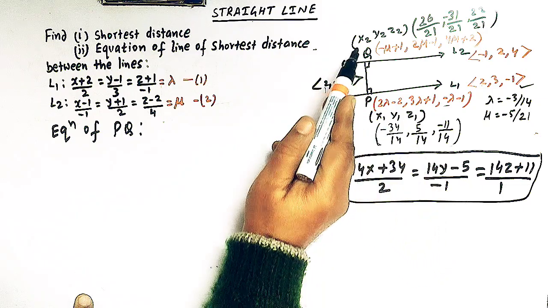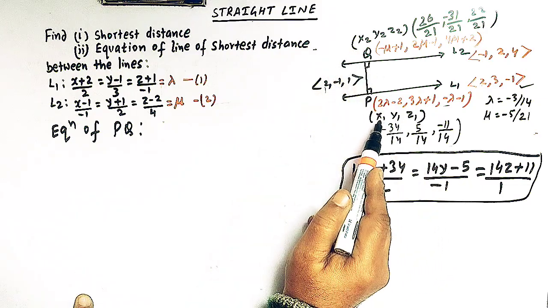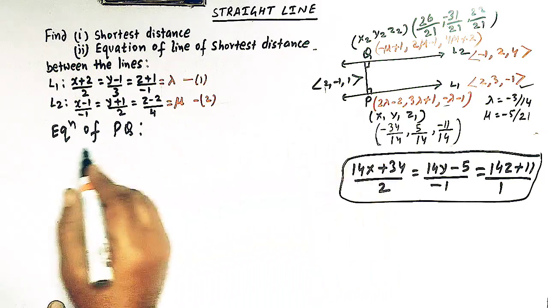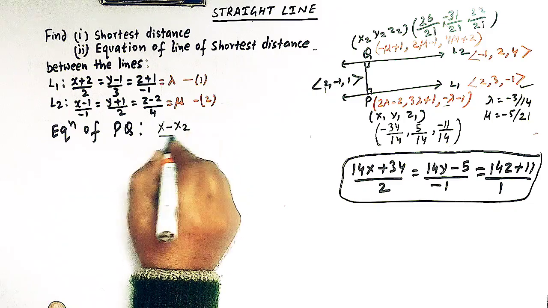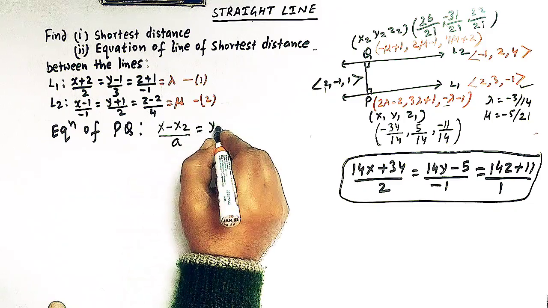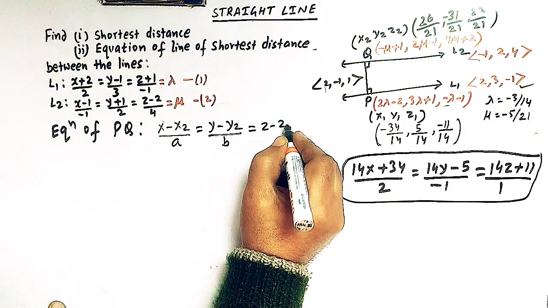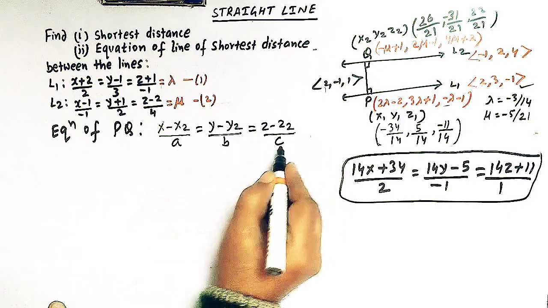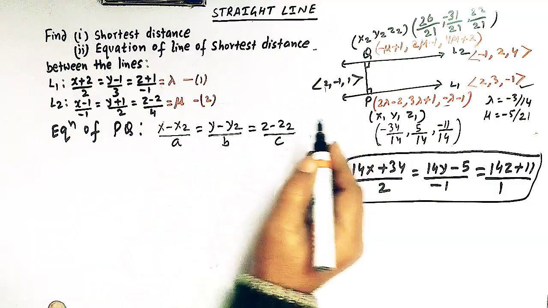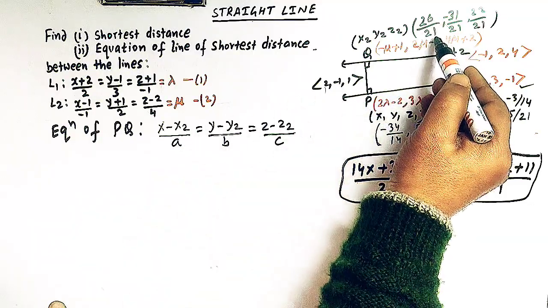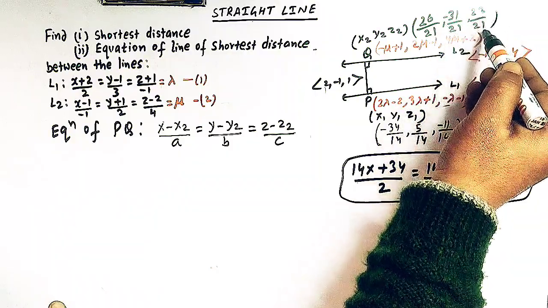So if we use this coordinate, that is point Q, instead of point P, then we can write the equation of PQ as (x minus x2)/a, then (y minus y2)/b, and (z minus z2)/c, where a, b, c are 2, minus 1 and 1, and x2, y2, z2 are given by 26/21, minus 31/21 and 22/21.